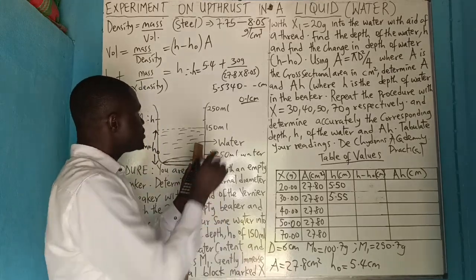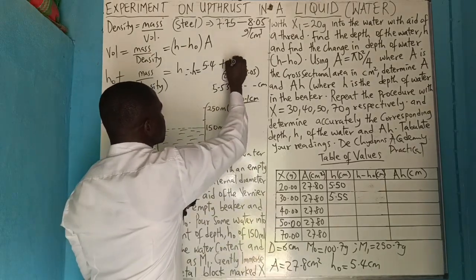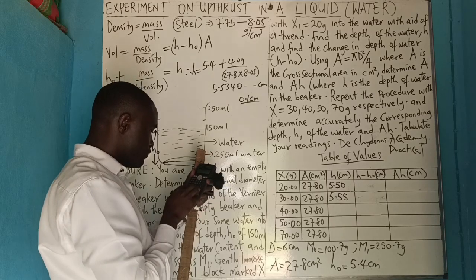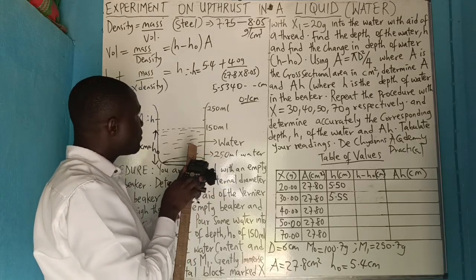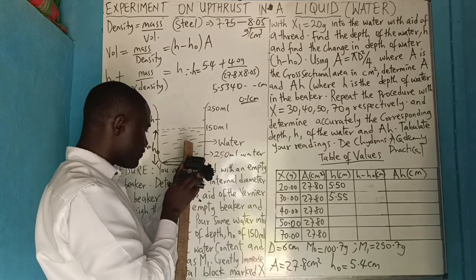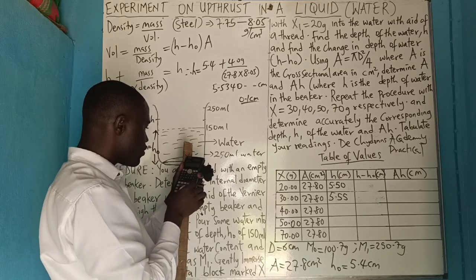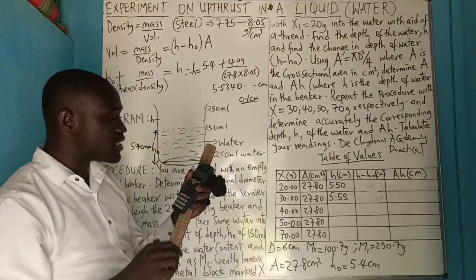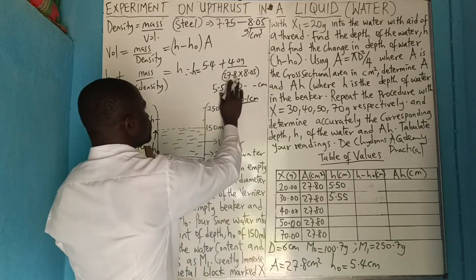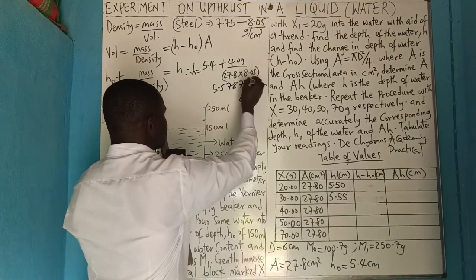Okay, we change here to 40. 40 divided by bracket 27.8 times 8.05 plus 5.4. This will give you 5.5787.